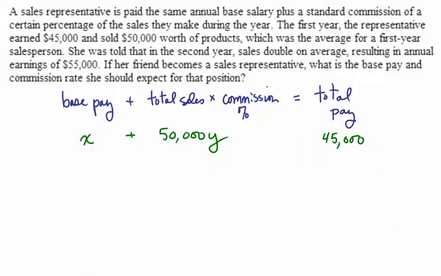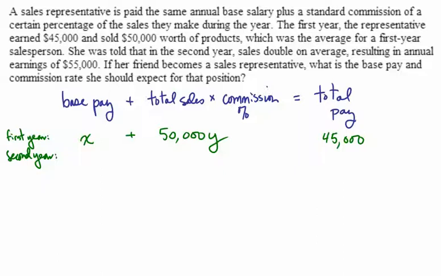So we have one equation. Now, this is slightly different from the other types of problems. It's really a new type of problem. And it says that in the second year, so you have a first year, and you have a second year, she was told that sales double on average.